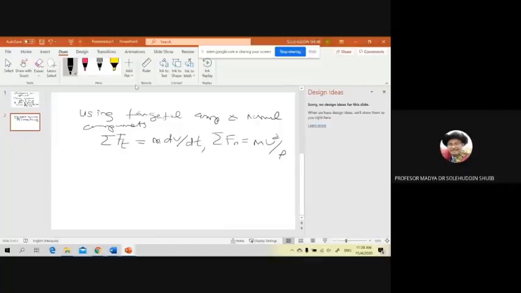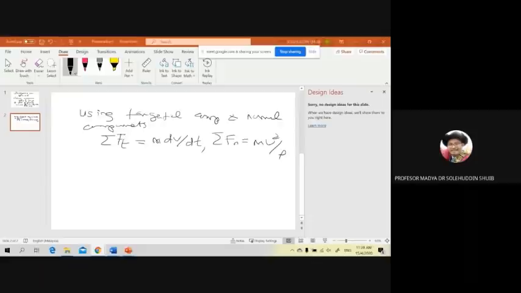Okay, what else have we learned just now? Still remember? Just recap what we have learned. We have done equation of motion. Anything else? Transverse? No, that one we have covered just now. Any other answer?